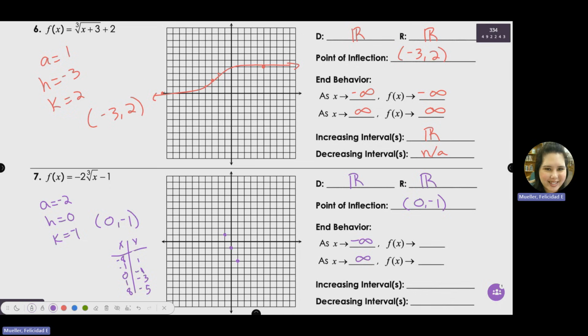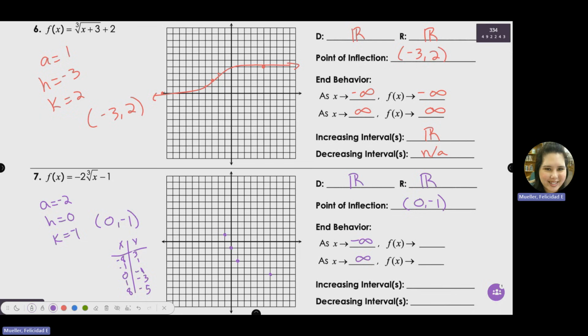2, 4, -1, so 3. All right, so 1, 2, 3, 4, 5, 6. I'm going to go down 4. 1, 2, 3, 4. 1, 2, 3, 4, 5, 6, 7, 8.